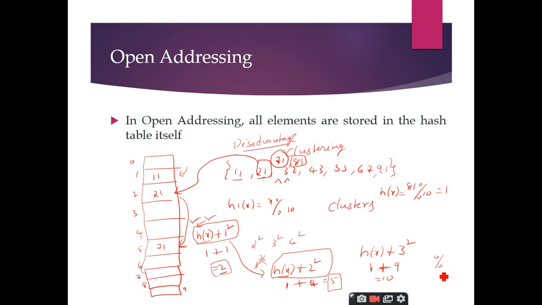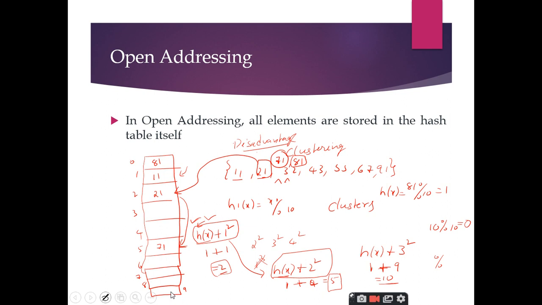That is what we have discussed earlier, right? Whatever value you got, you again modulo operate with 10. This is the second step we have explained in the earlier slide. So 10 modulo 10, what is the result? 0, sir. So I am going to store 81 in the 0th location. Why? Because it is vacant, right?